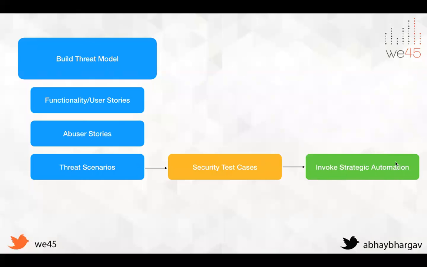So once, let us say you run ZAP and Burp in an automated way against your application, and they identify SQL injection, now you know that your threat models actually have validity, because you can say that, oh, I've identified SQL injection. SQL injection was part of these many threat scenarios or these many abuser stories, right?